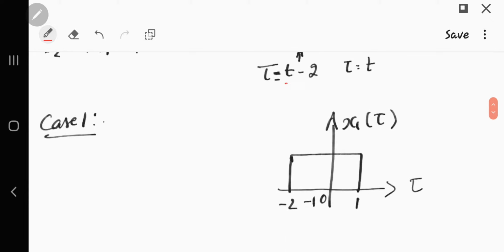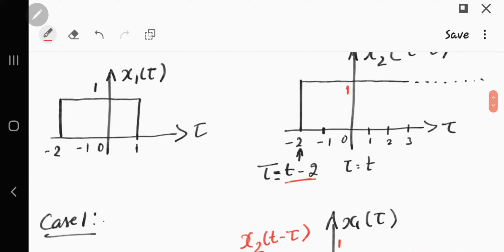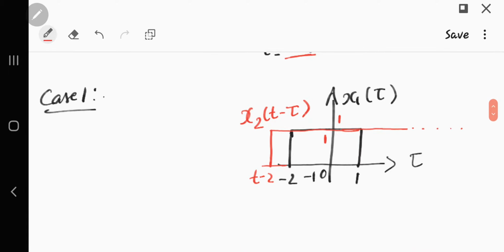Now if I keep this t minus 2 below the starting point of x1 of tau, the signals will overlap. Both signals have the same amplitude 1 in both cases.